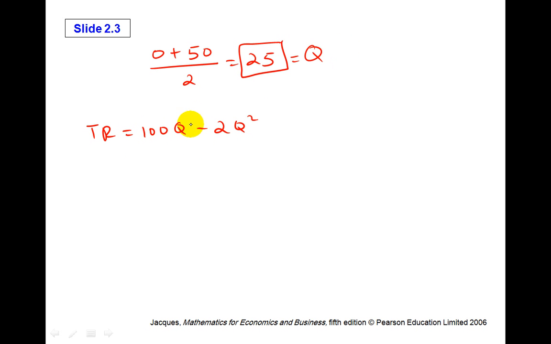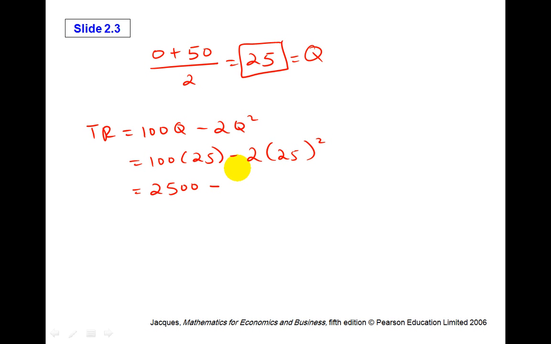So instead of this Q, I want you to plug in this 25. 100 times 25 minus 2 times 25 squared. This will give you 2500 minus, let me use a calculator here. 25 squared is 625.